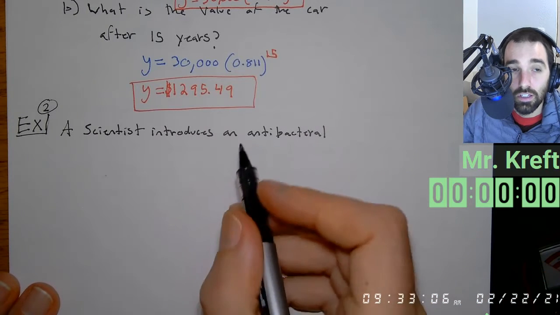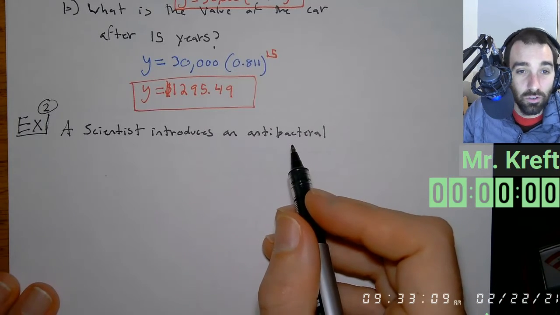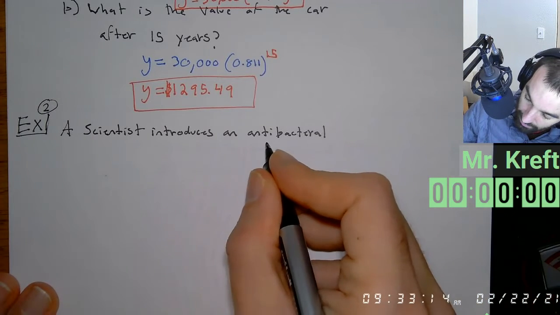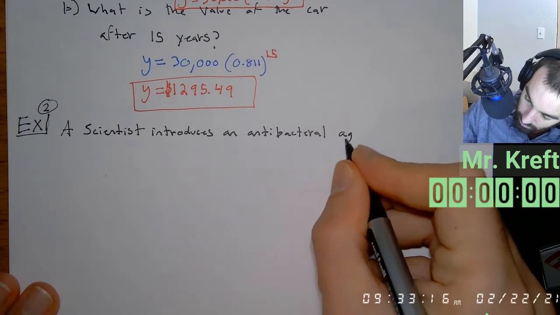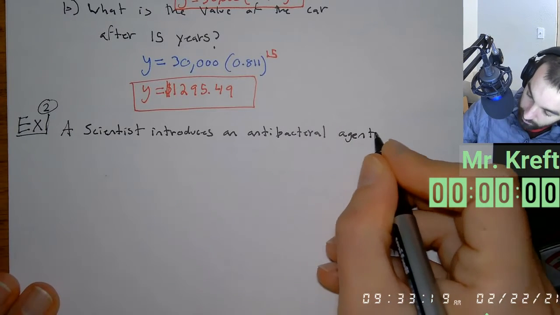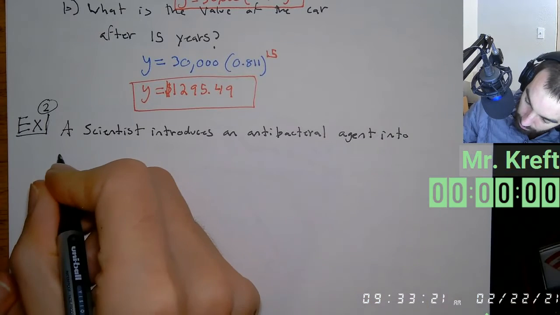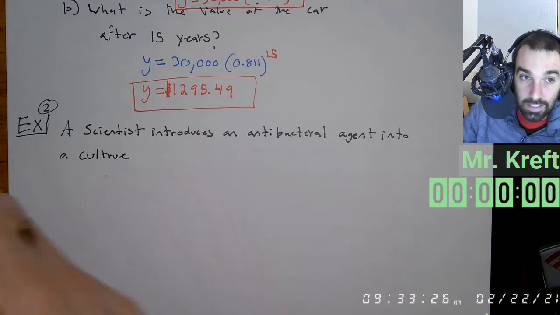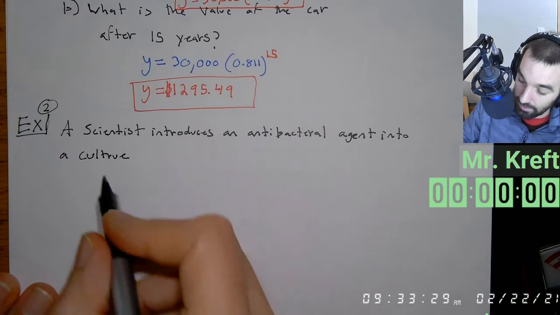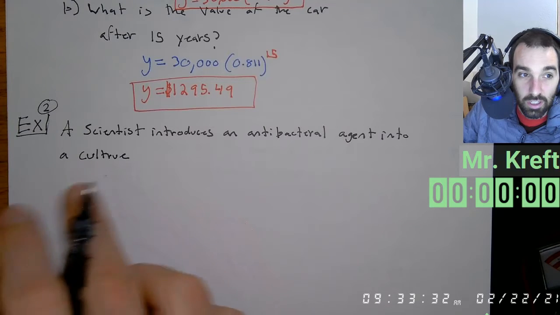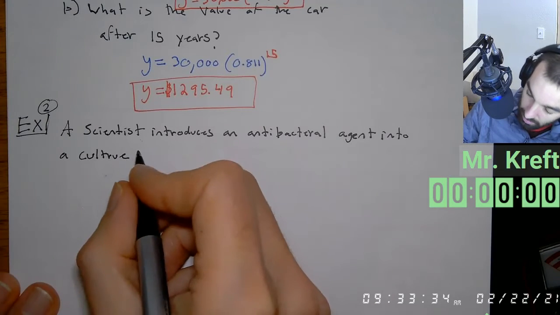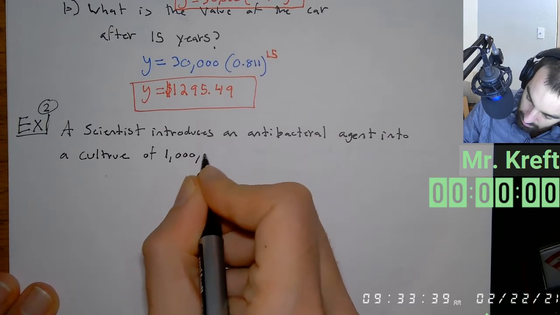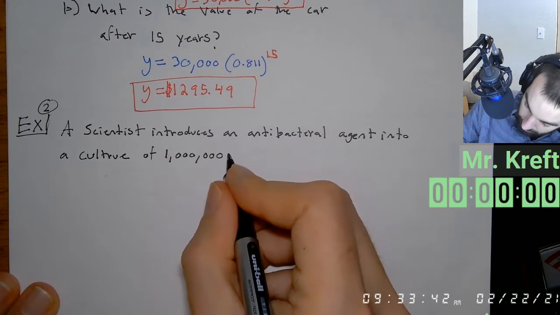If you have a bacterial infection, you would take penicillin to help get rid of it. So a scientist introduces an antibacterial agent into a culture. A culture is like you have a little dish with blood in it, right? In science, you might have done that. They're like the circular dishes, and you swab something in it. That's a culture of, and then we're going to say 1 million bacteria.